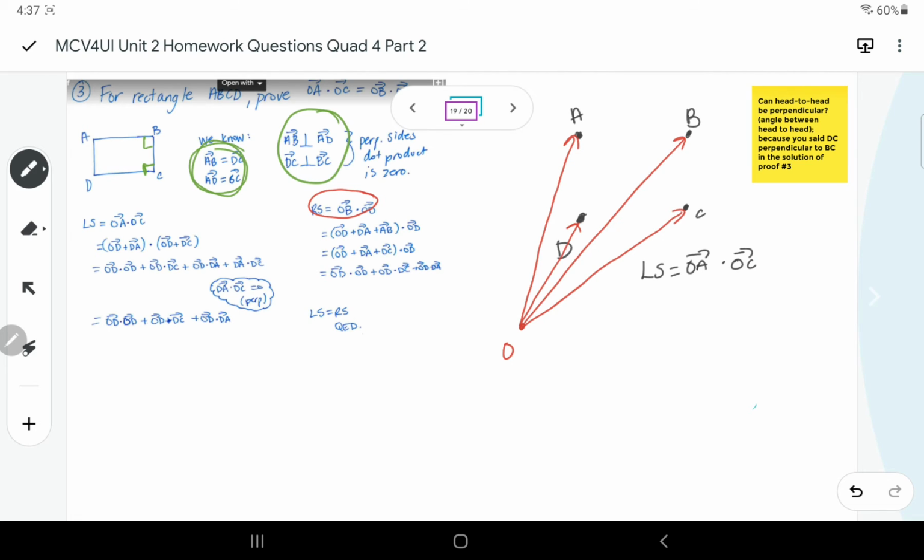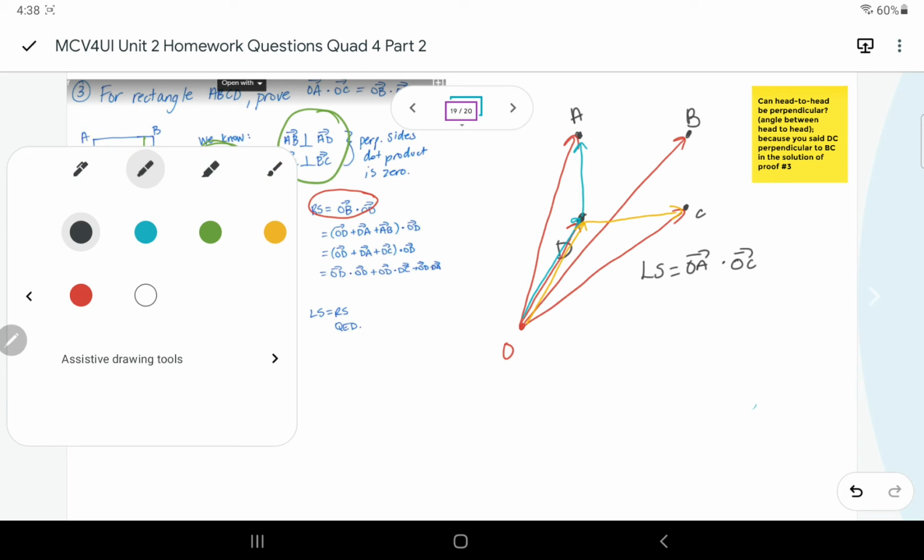And instead of having OA and OC, I tried to write them using the dot product with just one vector from the origin. So instead of OA, I said I'm going to call that OD plus DA, going along that path for the OA. And then for the OC, I said I'm going to keep that OD, because then I can maybe use it being the same and simplify this a little bit.